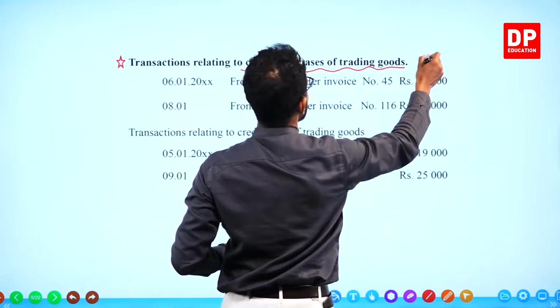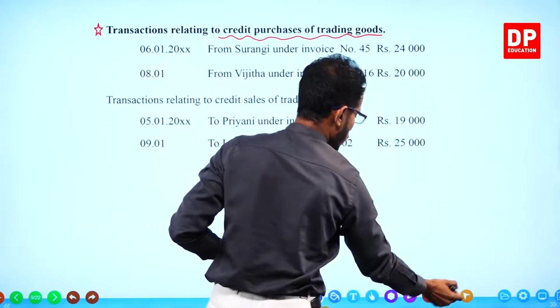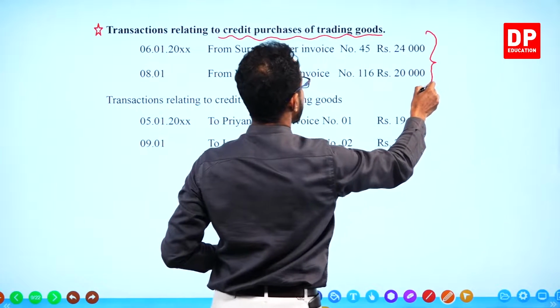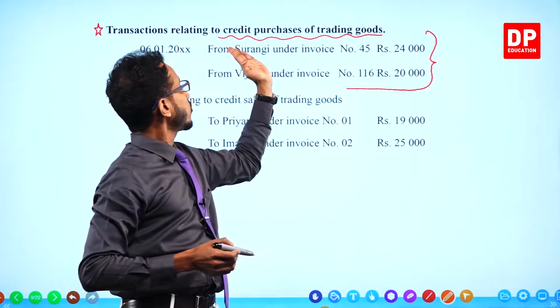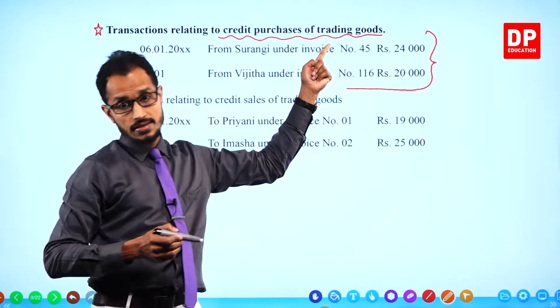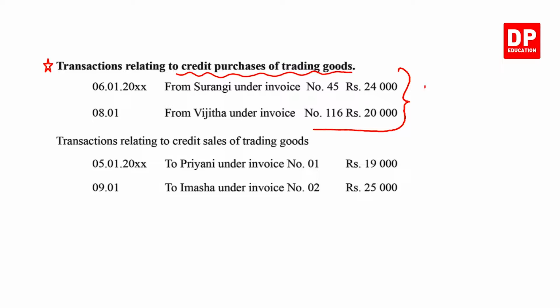Only these, children. These are the transactions of purchasing. So these go to the purchases journal.